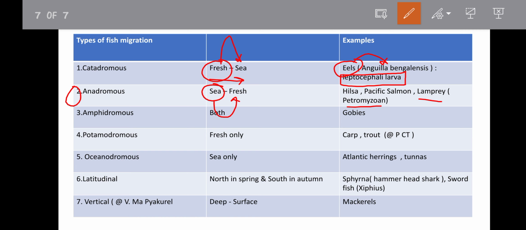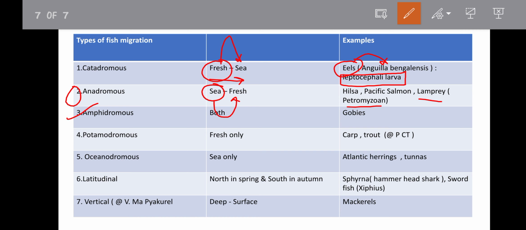Okay, let's do another. That is Amphidromous. Amphidromous are those migratory fish that travel both ways, meaning they can go to sea as well as fresh water. They live in both sea and fresh water, but with one condition: they don't go for breeding.